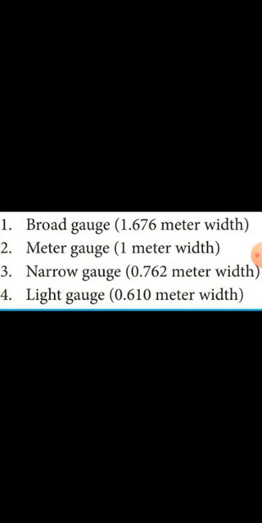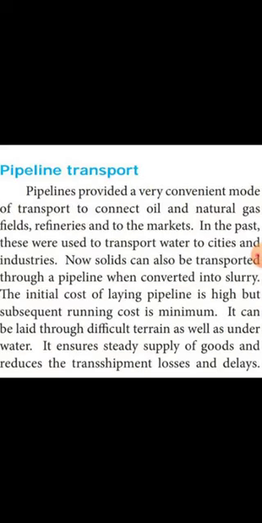Then next we learned about pipeline transport. Pipelines provide a very convenient mode of transport. In olden days, oil, natural gas and water were transported by pipeline to markets or other areas.